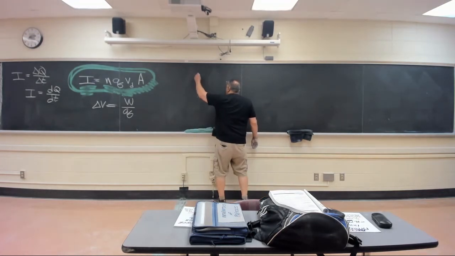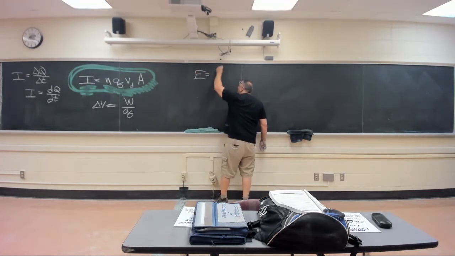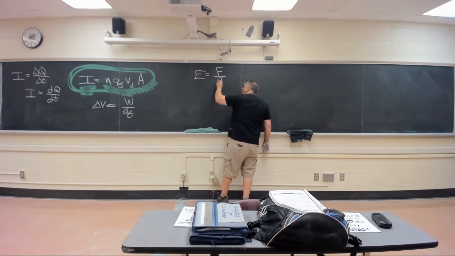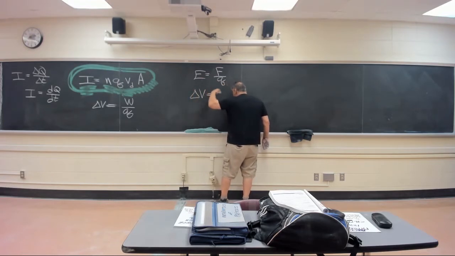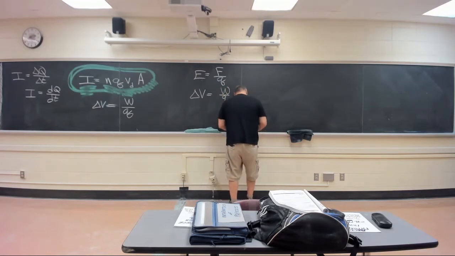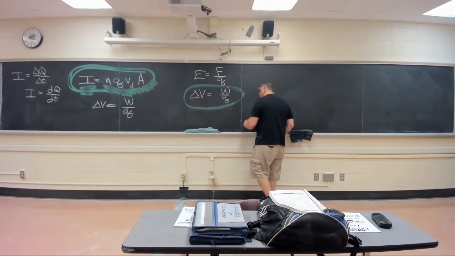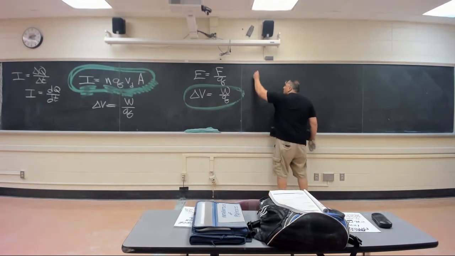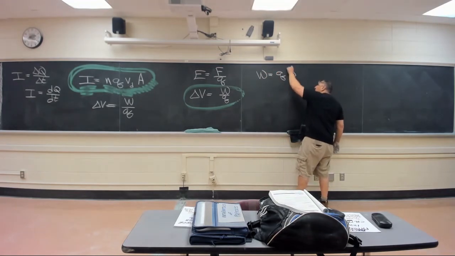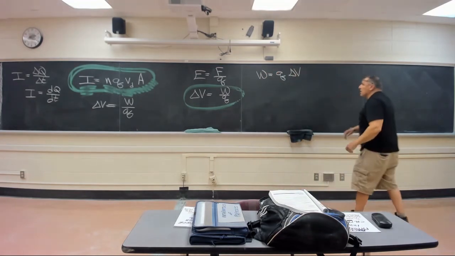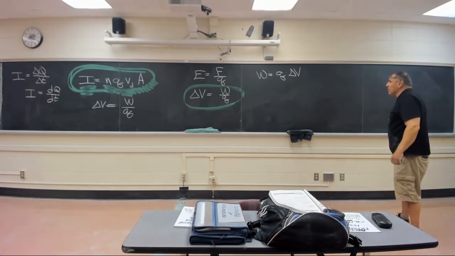Like we said what E was all about. E is force per unit charge. V, or delta V, let's stay with their notation, is work per unit charge. Let's talk about that. Work is Q delta V. True.